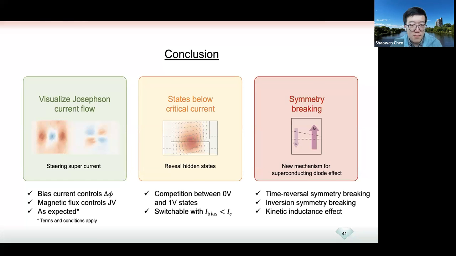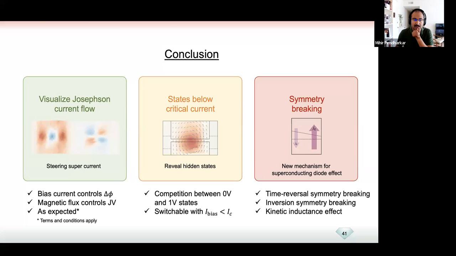Yeah, so the spatial resolution in our current version of the measurement is on the order of 100 nanometers. I'm not sure what you mean by depth. Essentially the NV center is hovering about 100 nanometers from the surface, so that is what is limiting the spatial resolution. Right. Thank you.